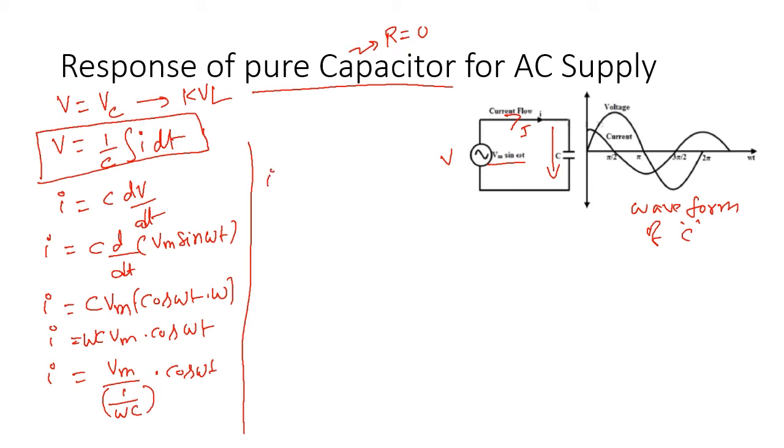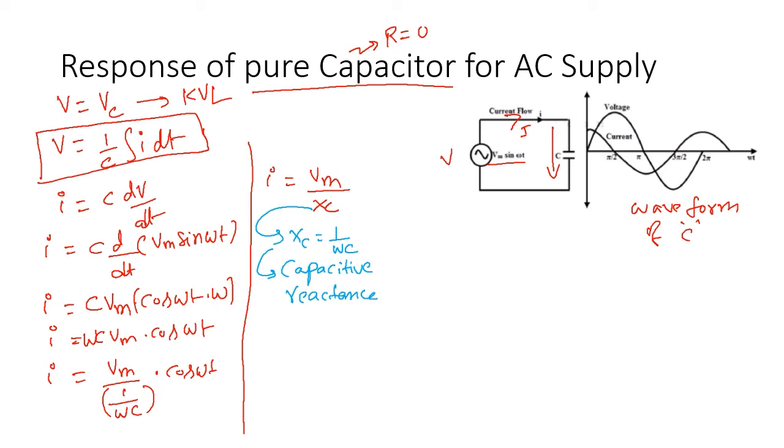So here, I is equal to Vm, and this I am going to write as the capacitive reactance, Xc. Xc means capacitive reactance. So Xc is equal to 1 by omega C. That is the capacitive reactance of this circuit, right?